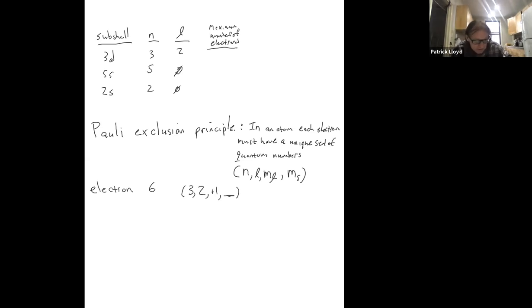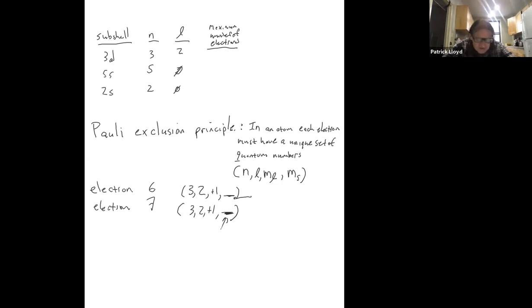I haven't told you what that is. And then electron 7: 3, 2, plus 1. This number here has to be different than this one here because they can't have the same 4 numbers. It's impossible according to the Pauli exclusion principle, which appears to be a very, very fundamental aspect of our universe. Okay.